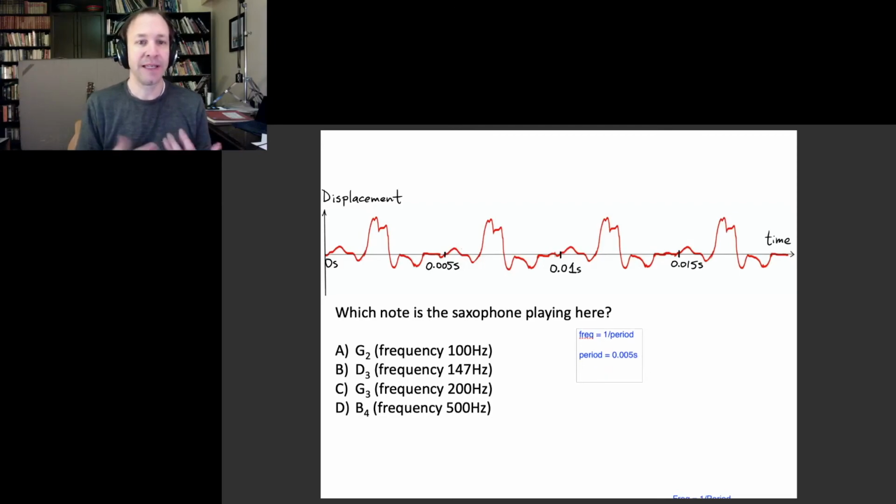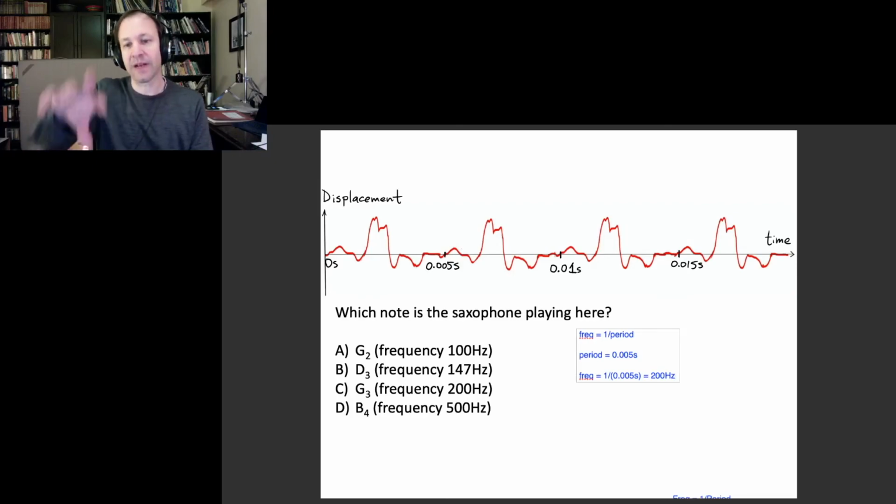And so in this case, we can then figure out the frequency by taking 1 over 0.005 seconds, and it turns out to be 200, and the units are hertz because we have seconds on the bottom, so that's inverse seconds or hertz, 200 repetitions per second. And so the answer to this one is C, that it was a G.